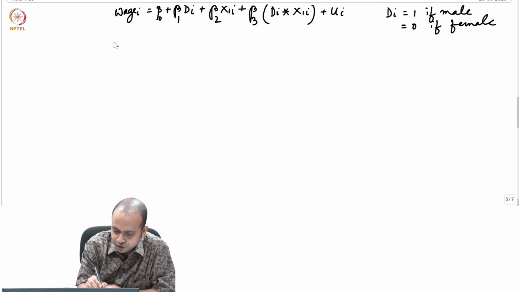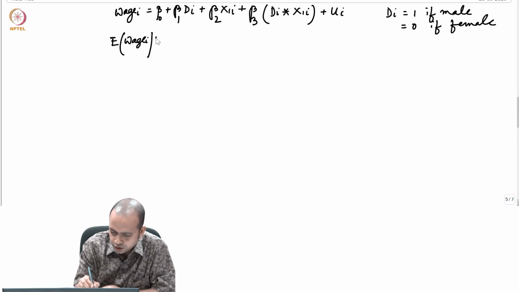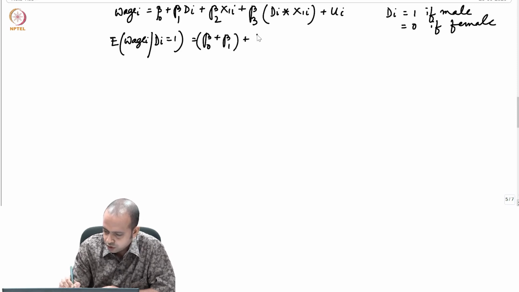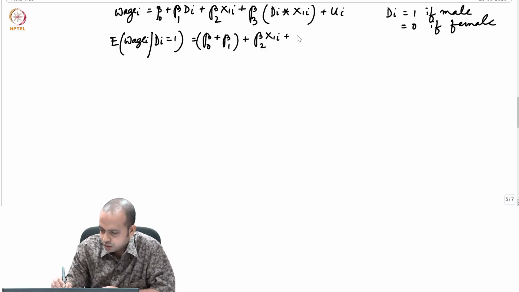Then you derive the interpretation. So, that means what I will do? I will take the expectation of wage given D_i equals 1. This becomes beta 0 plus beta 1 plus beta 2 x_i plus beta 3 x_i.